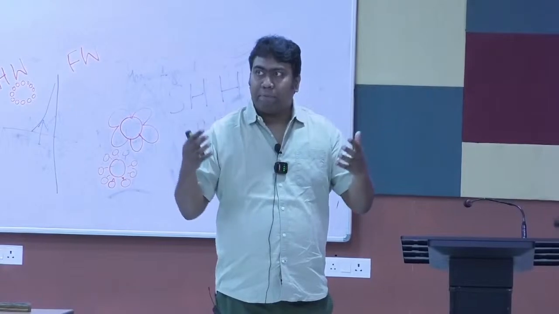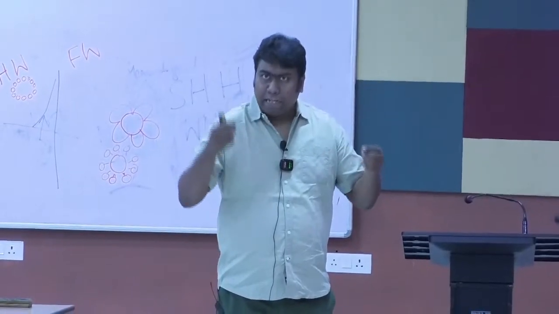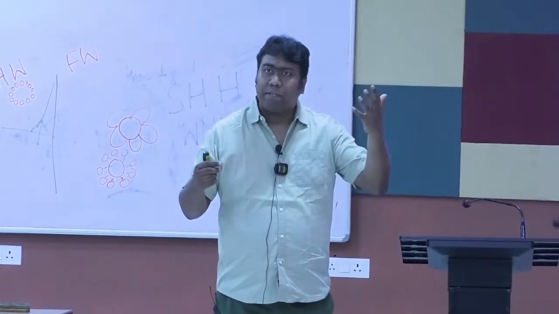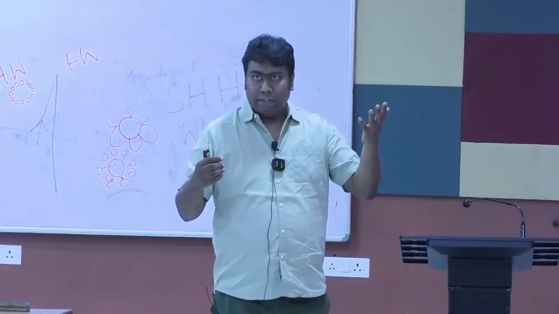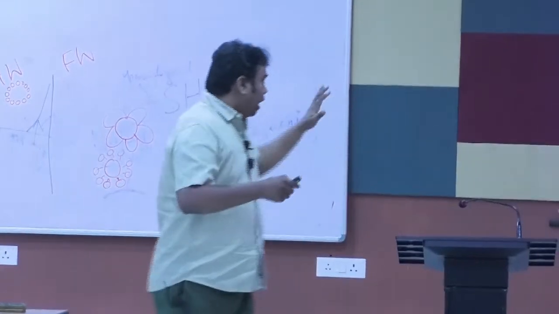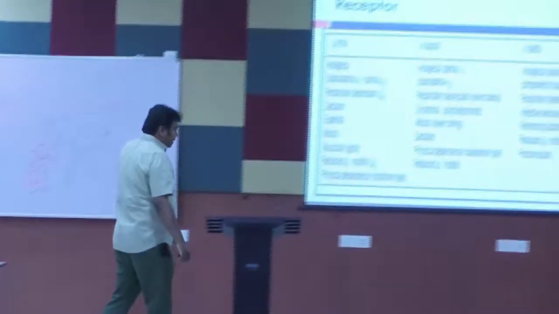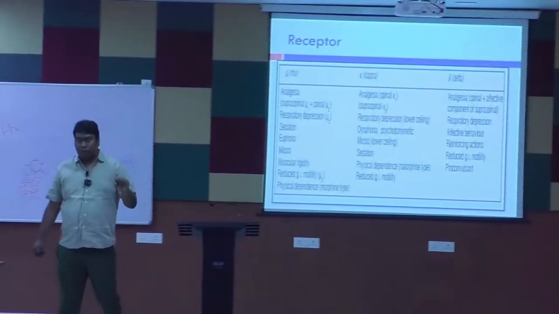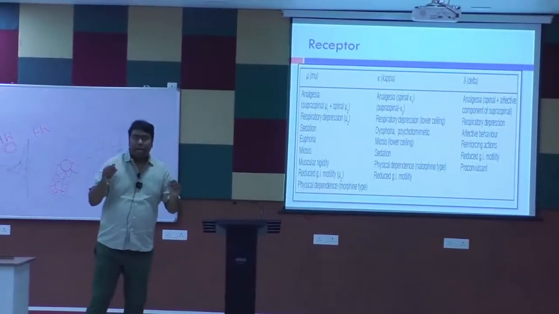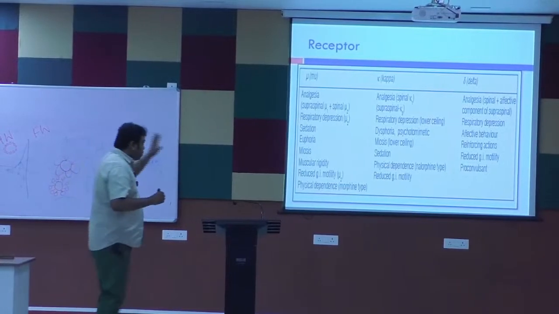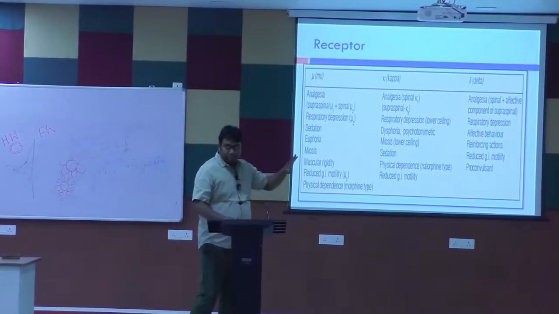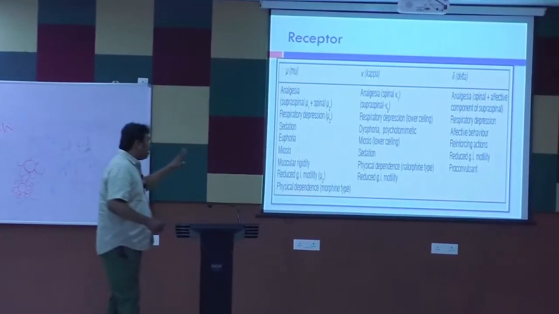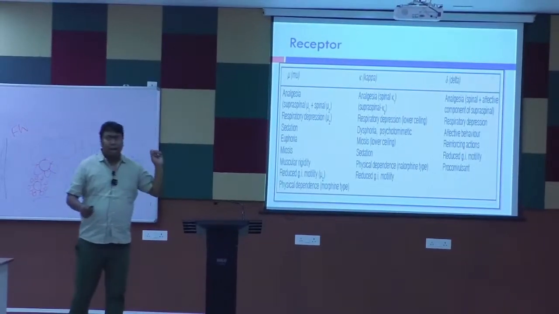Spinal means in the spinal cord, and supraspinal means in the brain. Now we start today from the receptors, the different receptors of the opioid. There are primarily three types: mu, kappa, delta.